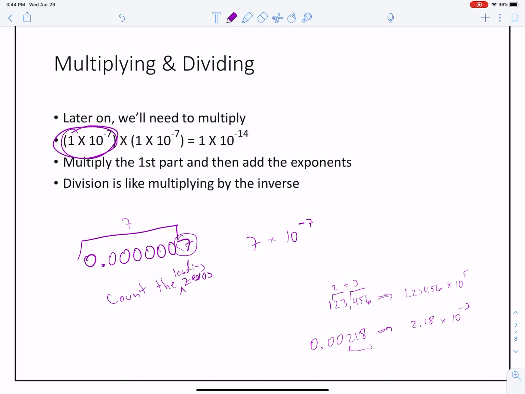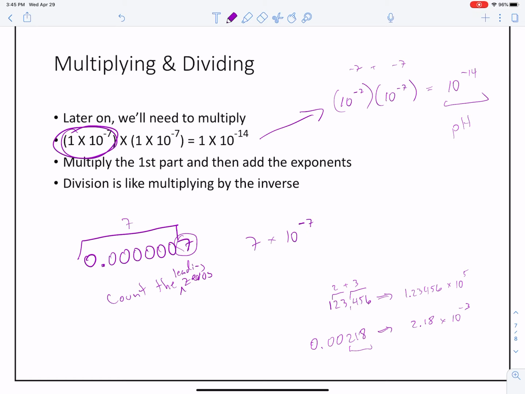So in this case, I'm going to say, well, if I have 10 to the negative 7th, and I'm going to multiply it by 10 to the negative 7th, all we do is we take negative 7 plus negative 7, and that becomes equal to 10 to the negative 14th. Where that comes in handy is with something called pH, or measuring acidity of something. So this becomes pretty handy to be able to multiply and divide.